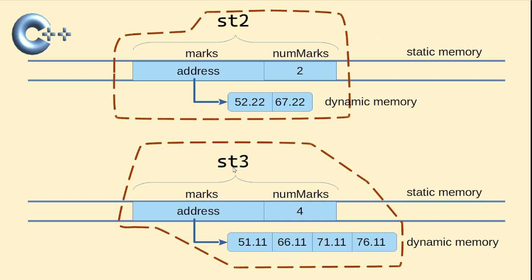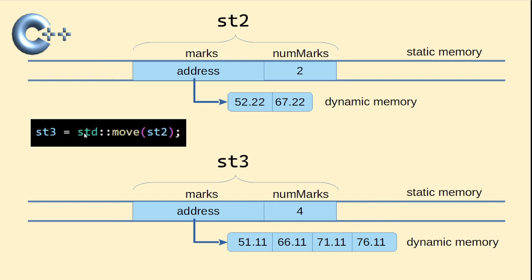At the same time the st3 object carries the number of marks equal to 4, and it has a dynamic memory space which has a capacity to hold 4 marks values, containing 51.11, 66.11, 71.11, and 76.11, and this marks attribute is pointing to this dynamic memory space. The data on the lower part all belongs to the st3 object.